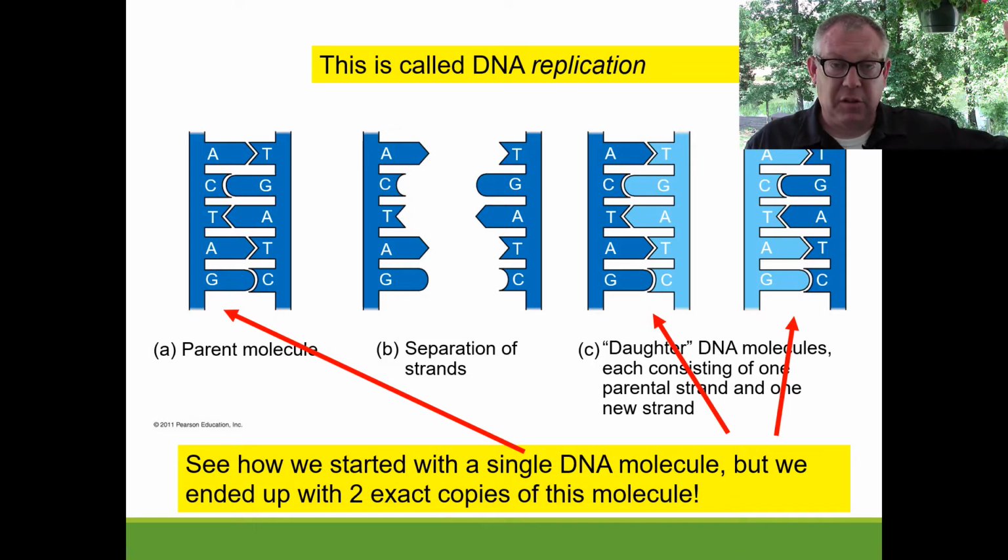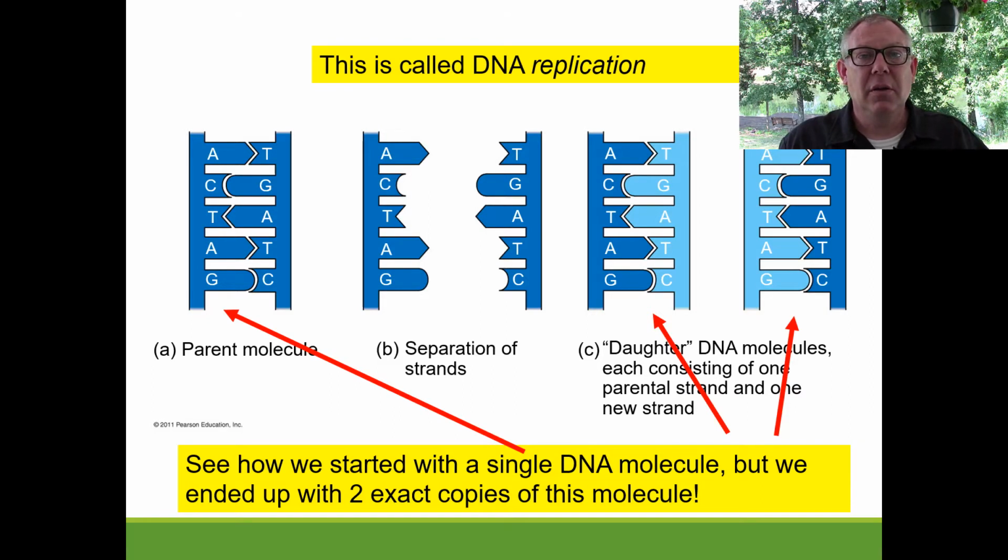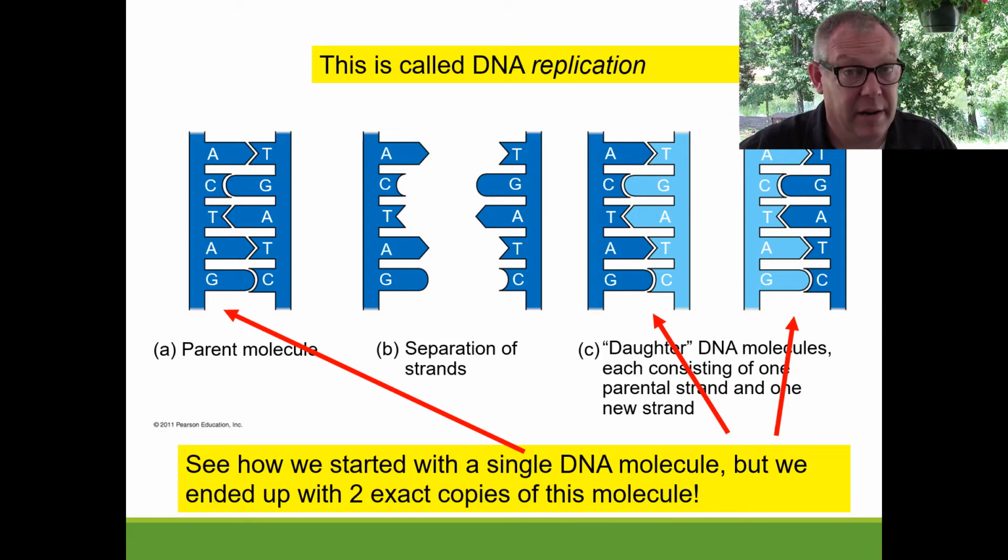So if you look at the start here in A, we had 1 DNA molecule, and then at C, now we've got 2 identical DNA molecules. And so it's that simple. That's how we're able to make copies of all our DNA. And every time you make a cell, your cells do this and get it right every time. That's pretty awesome.